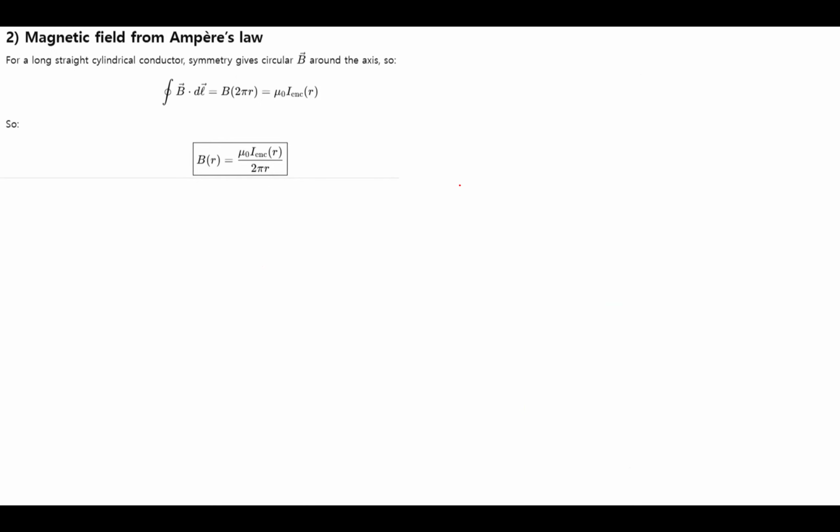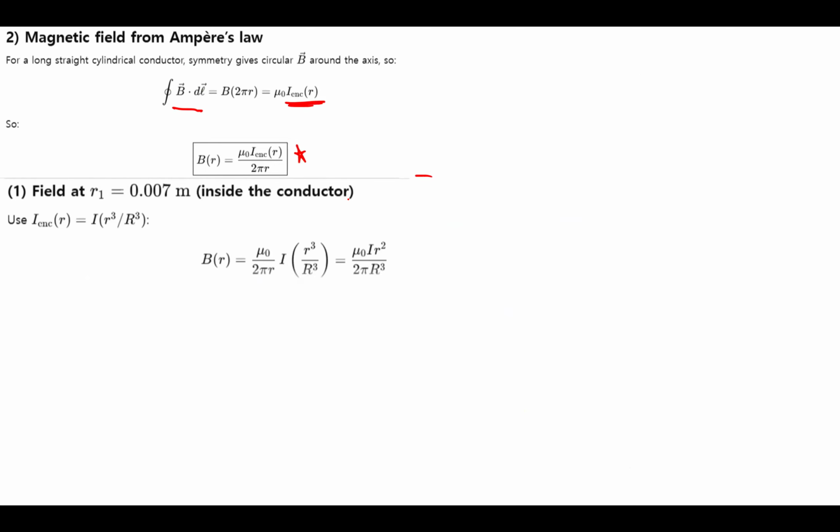So using Ampere's law, the closed loop integral of the magnetic field over the closed loop is going to be our enclosed current, because this is our formula. And R1 equal to 0.007 meter is inside the conductor.